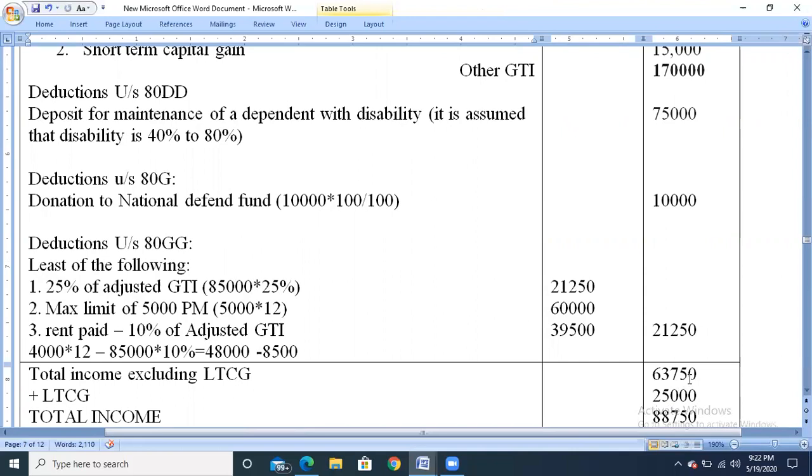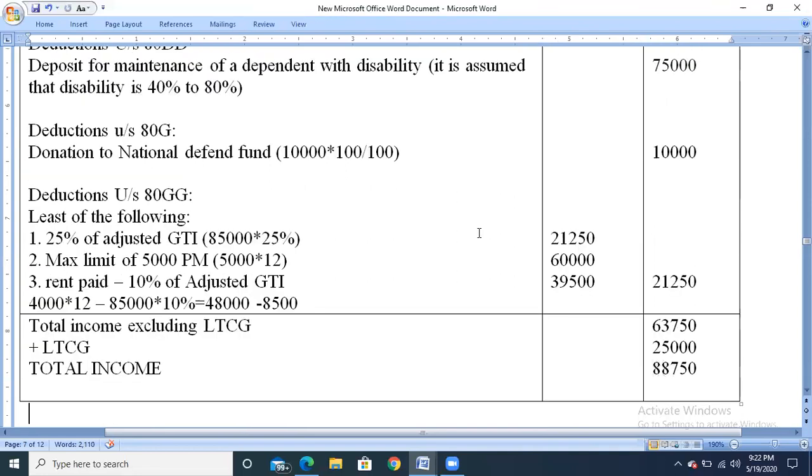We have already claimed the deductions, so the total income excluding long-term capital gain is 63,750, and the long-term capital gain amount is 25,000. So total income will be 88,750. This is the net income.